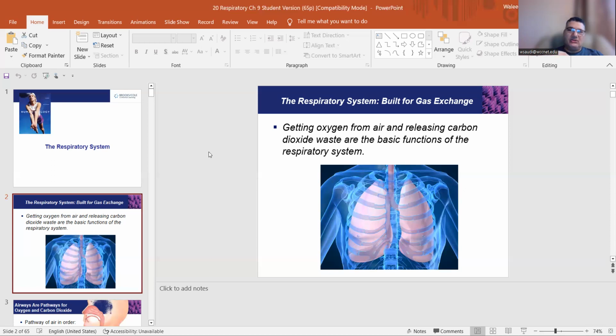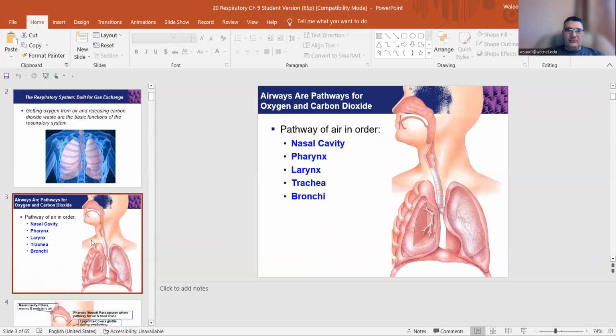And then the cells are going to take the oxygen from the capillaries, and they will release carbon dioxide that will go back to the other side of the capillaries and then go through the venules and veins and return back to the heart and so on.